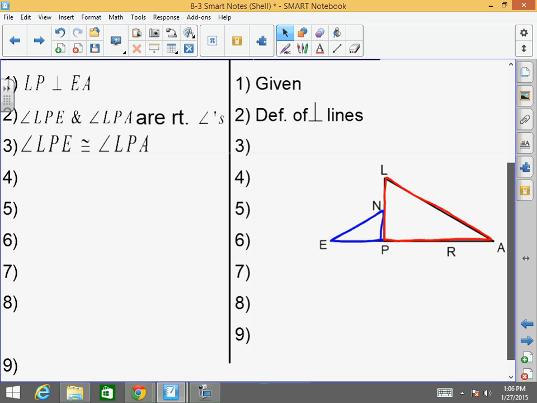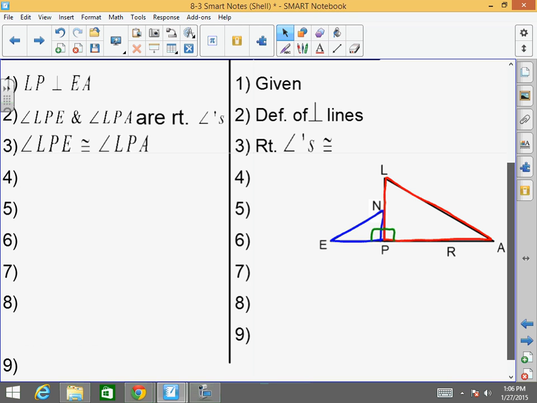So that means LPE is congruent to LPA because of the right angle congruency theorem, or right angles are congruent. You cannot say right angle theorem because that's not the right one. So I know that these two bad boys here, I'll just do this in green, they're both right angles. Fantabulous.